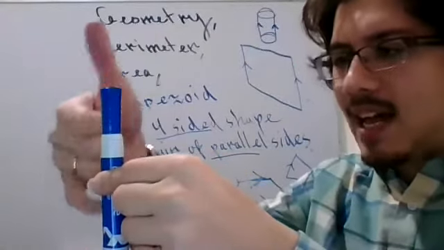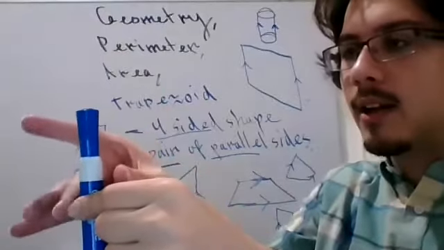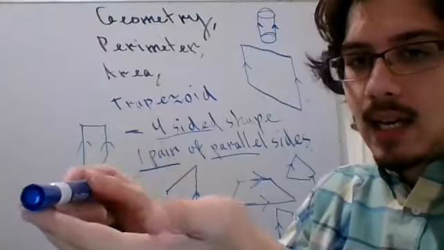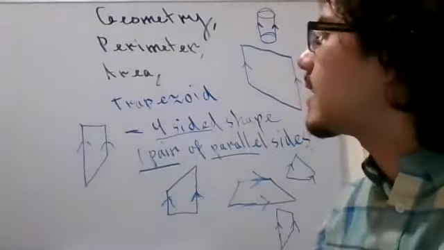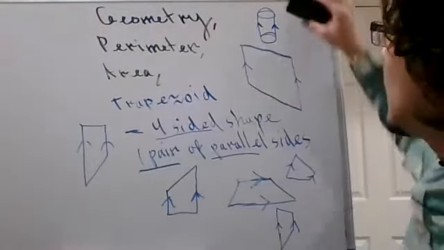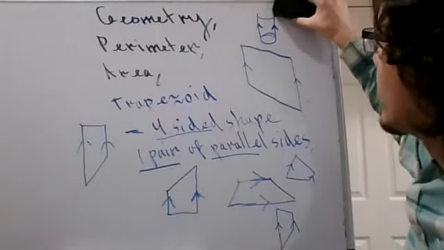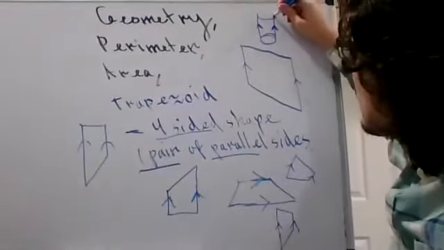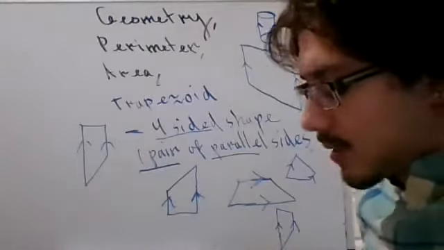So it has two lines that are parallel, and on the top and bottom sides, it has circles for their sides. Now, does a cylinder count as a trapezoid? Would anybody like to say if it counts as a trapezoid or not?